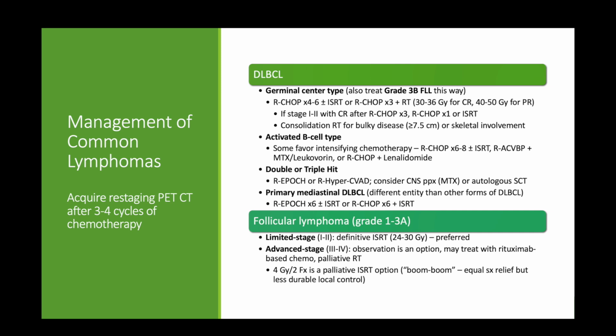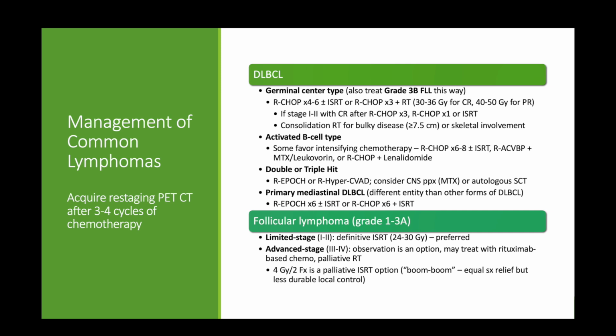And then the last subtype I'll mention is primary mediastinal DLBCL, which is a different entity than other forms of DLBCL. And for this as well, we tend to give more aggressive chemotherapy. So either R-EPOCH times 6 cycles with or without involved site radiotherapy, or R-CHOP times 6 cycles with ISRT.